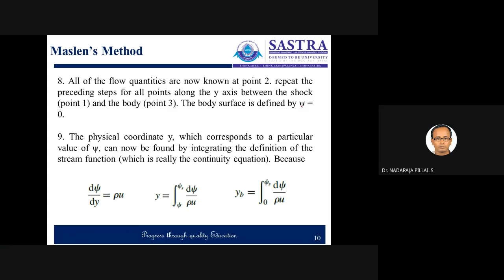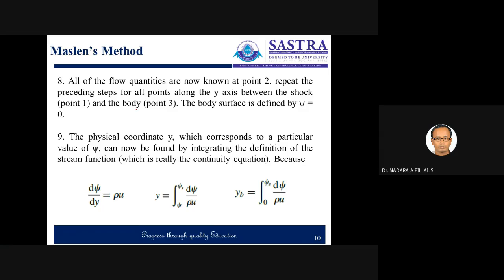I hope you remember that psi equal to 0 can be considered as the body shape, as we study in aerodynamics for flow over a circular cylinder. On the surface of the circular cylinder, the stream function psi is equal to 0. That gives the body shape, right?